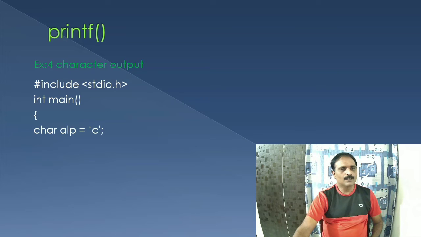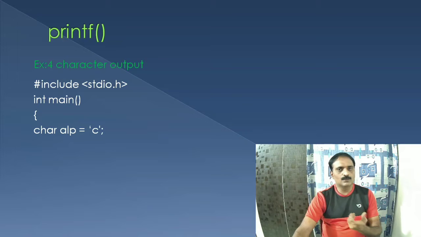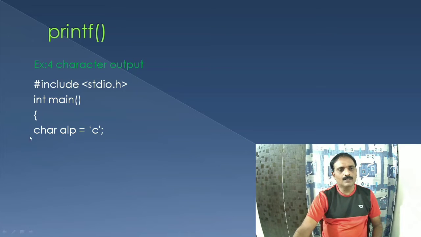So here I am declaring a character alp as equal to 'C'. It is to be represented in single quotes, so whatever character we assign here is to be represented in them. It means that C is a character which is assigned to alp, and I am declaring it as a character.